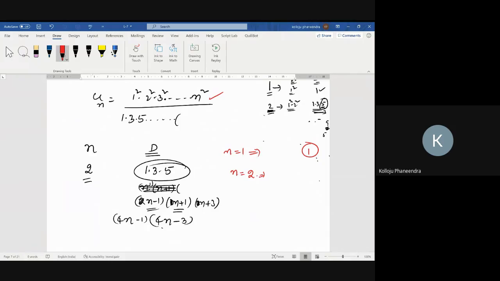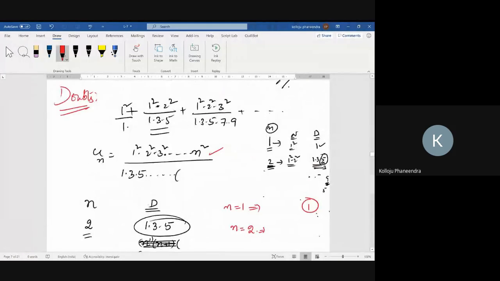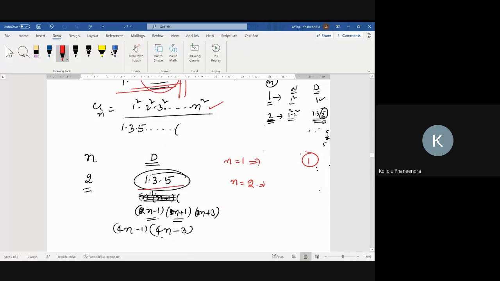Coming to the denominator, it must be stopped. N equal to 2 means the series is truncated up to here only. You have to get the second term completely. In the second term, the denominator is up to 5: 1, 3, 5. So when I substitute n equal to 2, 8 minus 3, you will get 5, and write its before terms and so on.